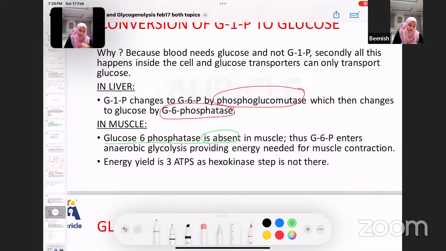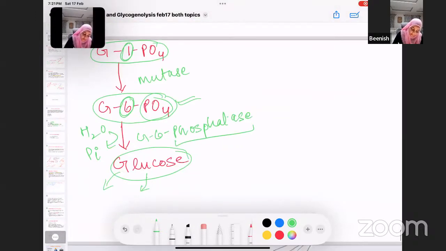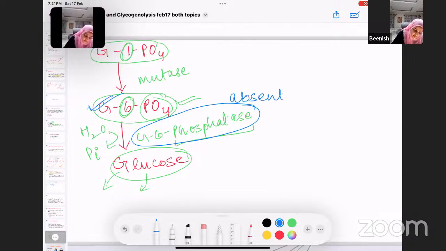Because in muscle, the enzyme glucose 6 phosphatase, which is responsible for converting glucose 6 phosphate into glucose, is absent. This is in the muscle.